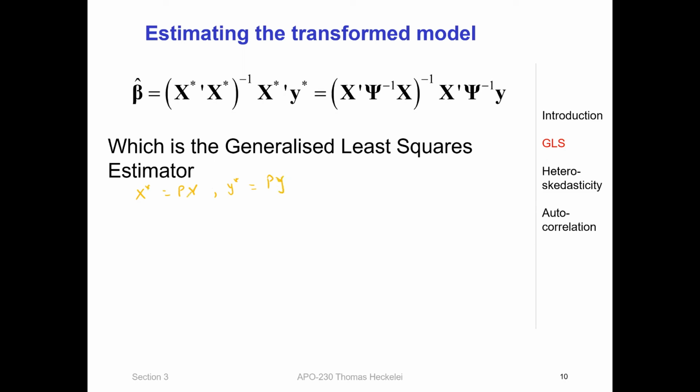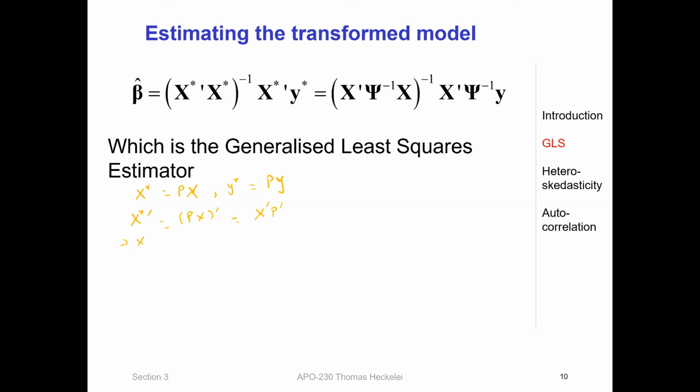Therefore, x star prime will be px prime, right? And again, that means x prime times p prime. So you transpose each matrix inside this product separately, but have to switch the order.